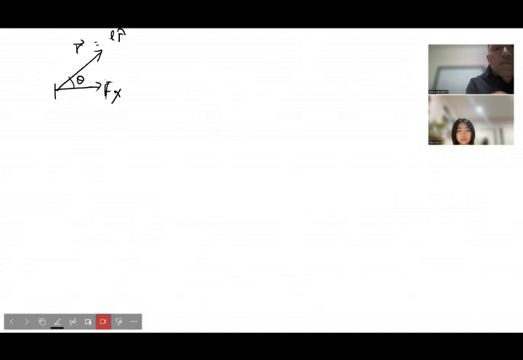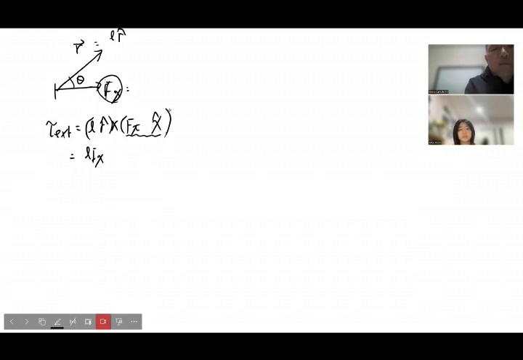So the external torque from the force in the horizontal direction is L R cross product Fx X. Oh, this one is actually Fx L times R cross product X. This one is sine theta.